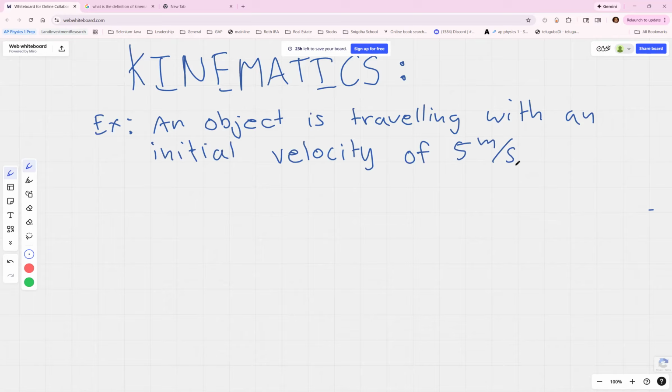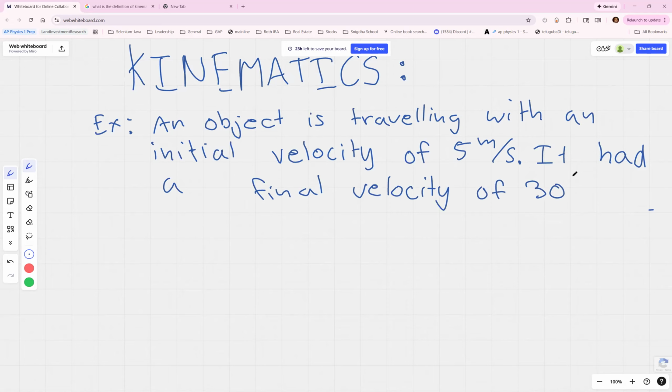Remember, that's the SI unit for velocity, so most of your problems will also have meters per second. And let's say it had a final velocity of 30 meters per second.